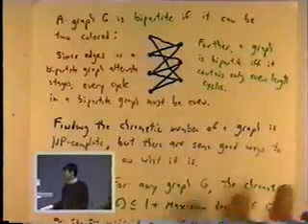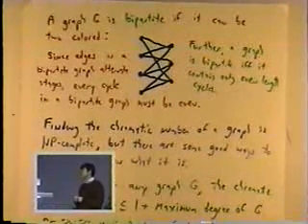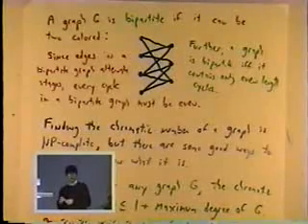So the smallest interesting number of colors, I claim, is 2. The moment you add one edge, suddenly you're doomed to having 2 colors. So the smallest interesting case is the graphs which require 2 colors.